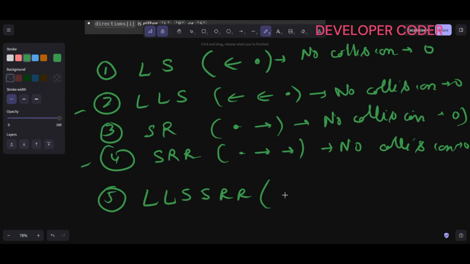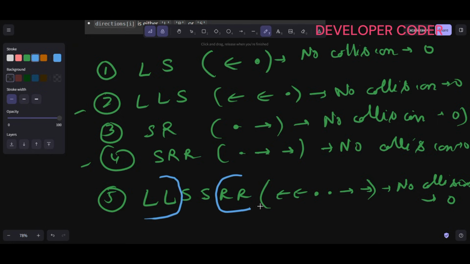So now in this case also, here these cars are moving to the left, two stopped cars, and here these cars are moving to the right. No collision again, right? No collision here. So from here, one point that I proved is that we can easily ignore all the L's and all the R's in this side, because these will never collide, right?